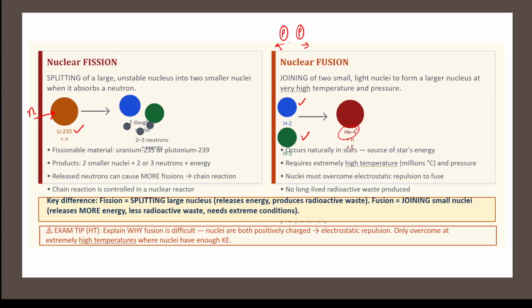You have to overcome this repulsion, and then you combine them into a bigger one. When you combine the two protons, it releases a huge amount of energy to power our sun. But because they have to overcome this electrostatic repulsion, it is difficult to execute easily.